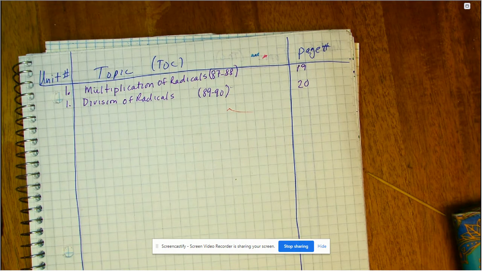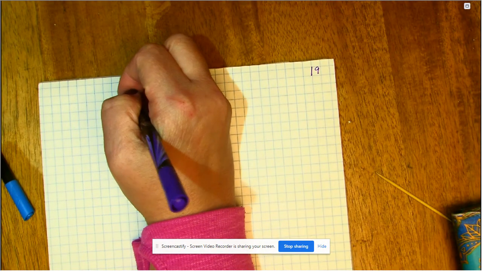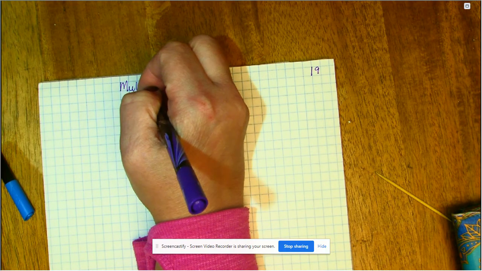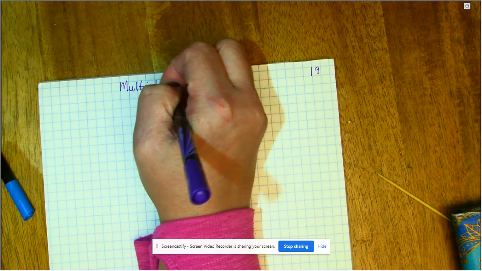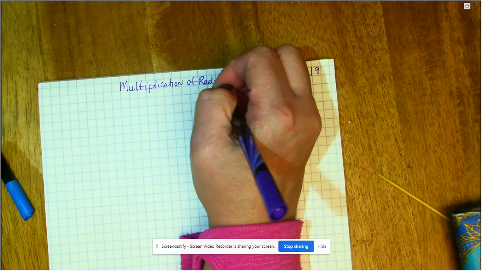Okay, so I'm going to go and write these on regular paper. So I'm going to put that to the side. So for me, this is page 19. And this is multiplication of radicals.